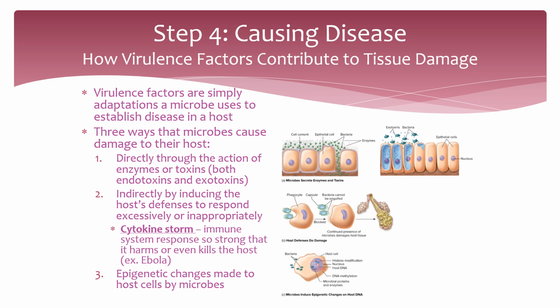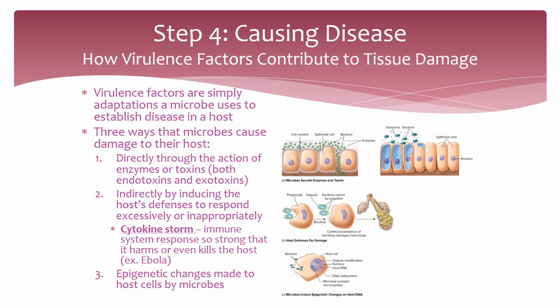And that is what causes an individual infected with Ebola to hemorrhage and bleed out of essentially every hole to death, which is unfortunate. It's because of this cytokine storm. Our immune system response is so strong, we hurt ourselves.